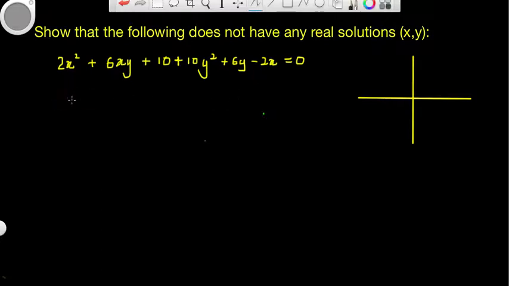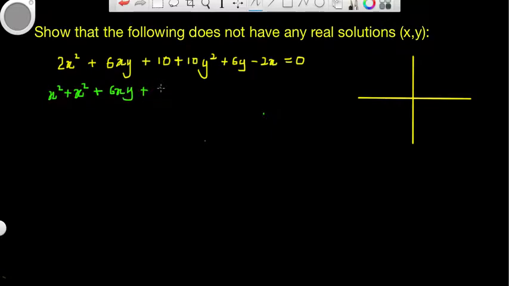Well, the best way to solve these problems is to break them down into simpler parts. Right now it looks kind of messy, but we can write this in another form. When we say there's 2x squared, we can also write that as x squared plus x squared. We'll let 6xy be.